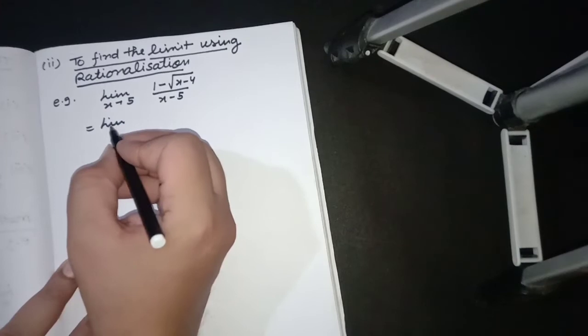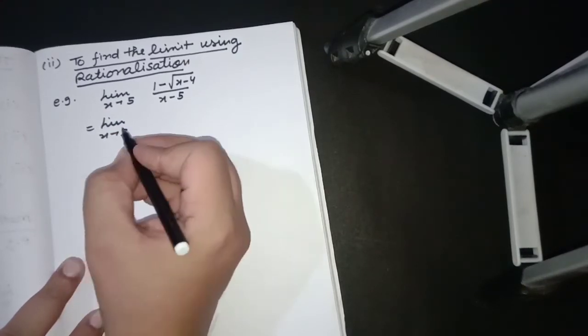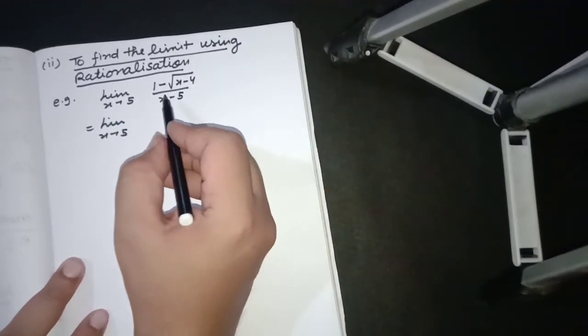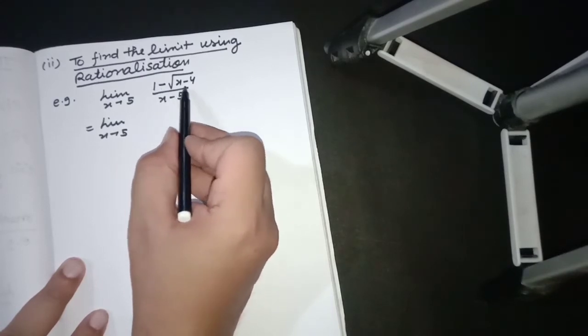For the purpose, we have to multiply both numerator and denominator by 1 plus root x minus 4.